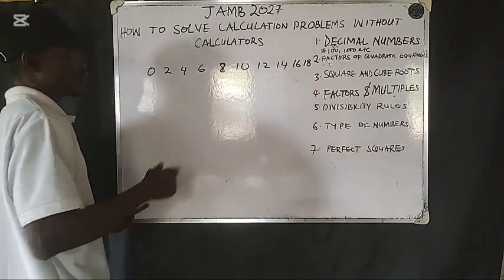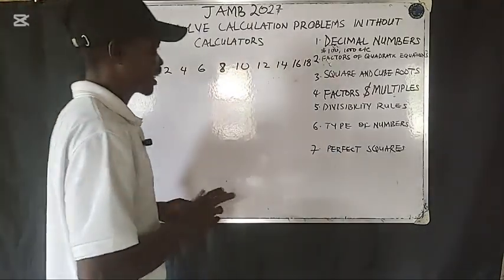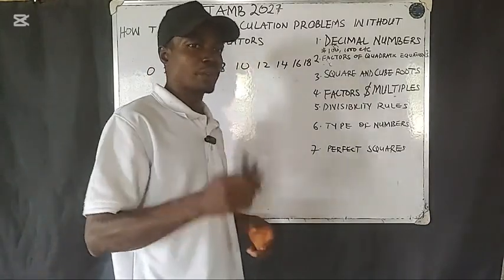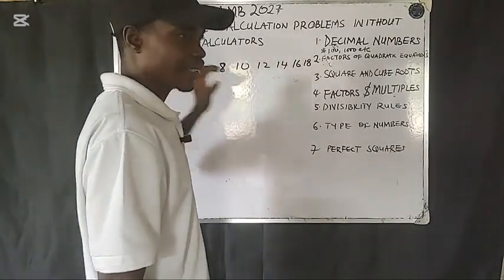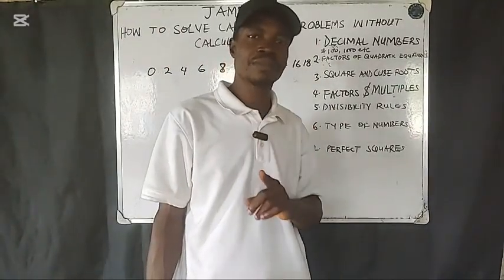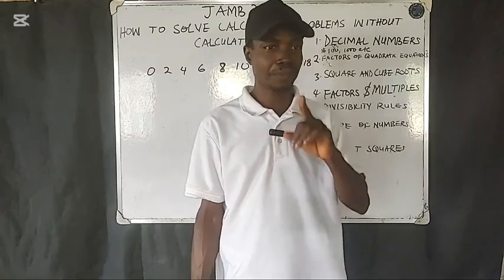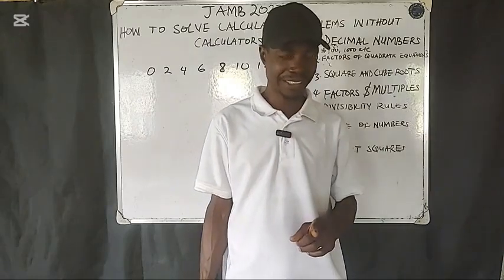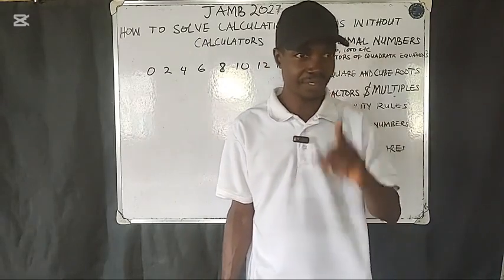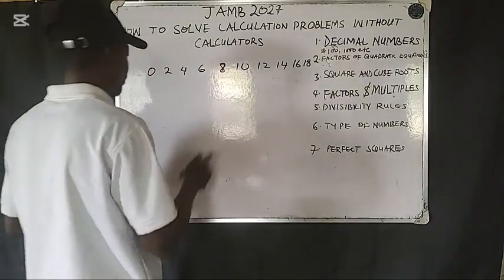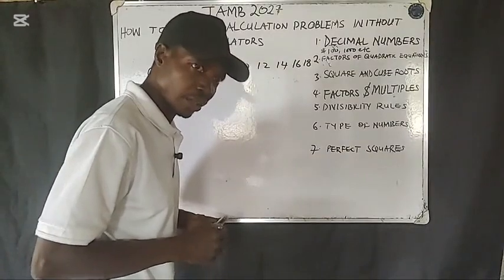For odd numbers, I want to emphasize something: the first even number is 0. If any number is an even number, when you divide it by 2, it must leave 0, right? So that explains why 0 is the first even number. If 0 is the first even number, then 1 is the first odd number.